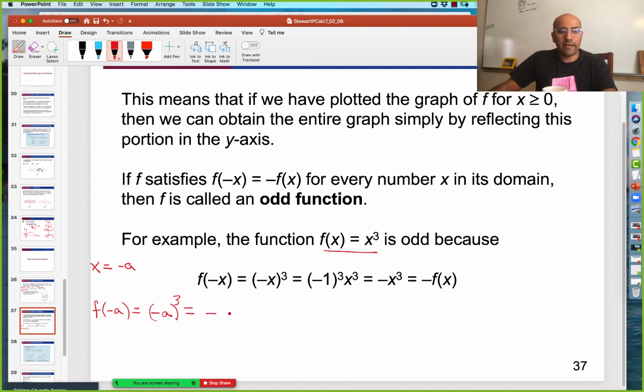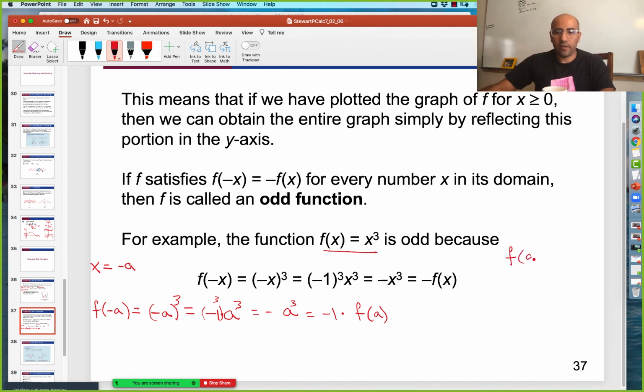which gives you negative a cubed, right? Because negative 1 cubed, just like the data there, gives you negative a cubed, which is the same thing as negative 1 times f of a, because f of a is a cubed.